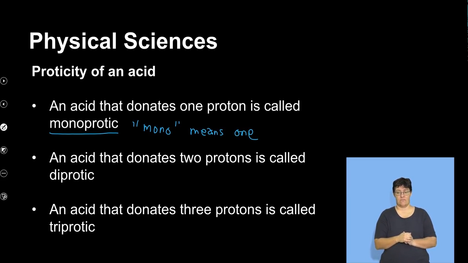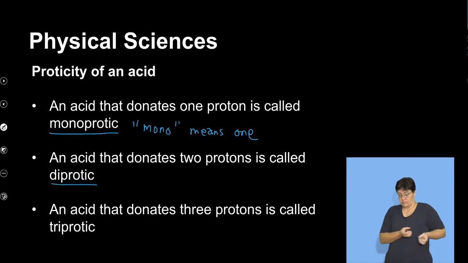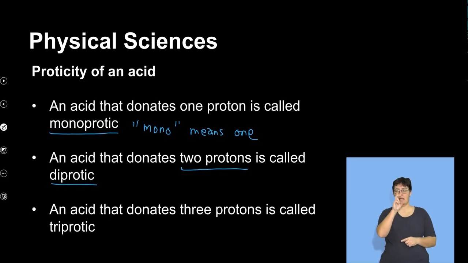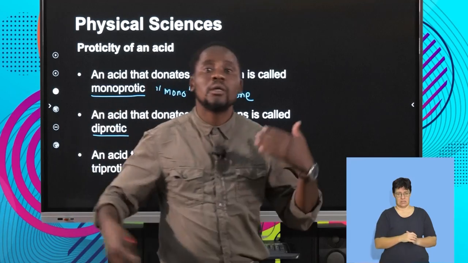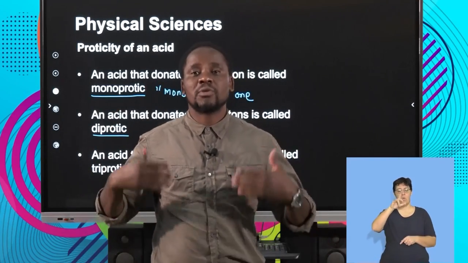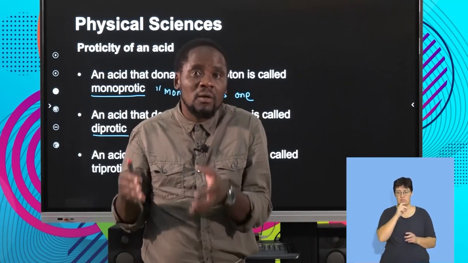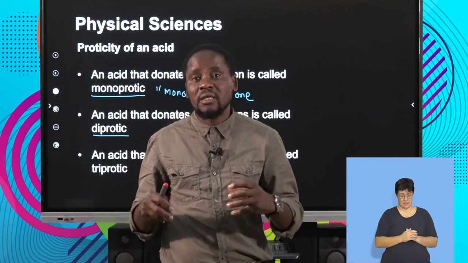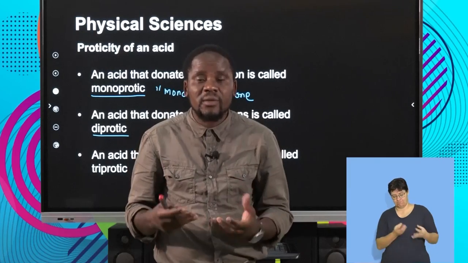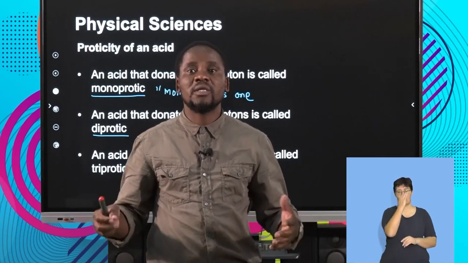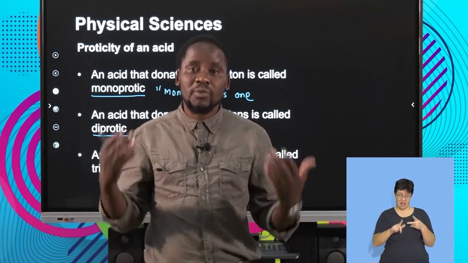Correspondingly, if an acid is diprotic, it means it produces 2 protons. And then we also have what are called polyprotic acids. The proticity of an acid has to do exactly with the number of protons that an acid can donate, still based on the theory of Bronsted and Lowry that an acid is a proton donor.